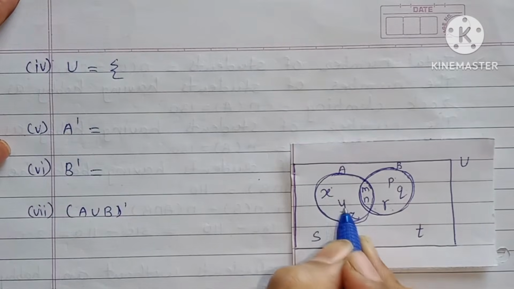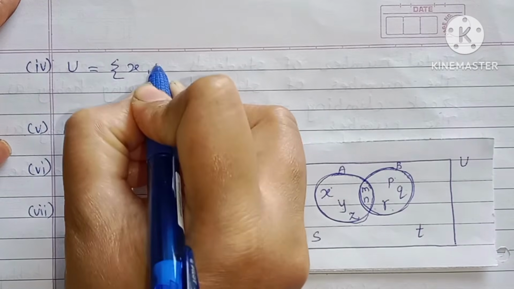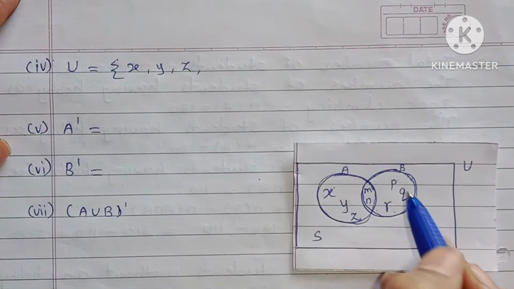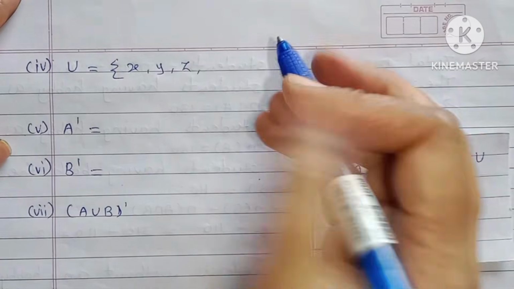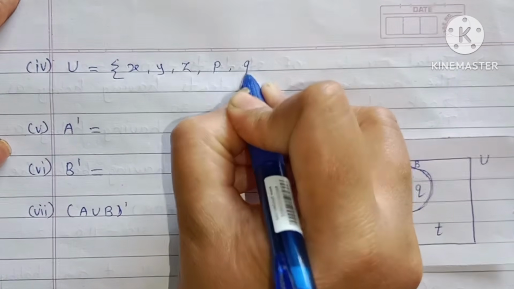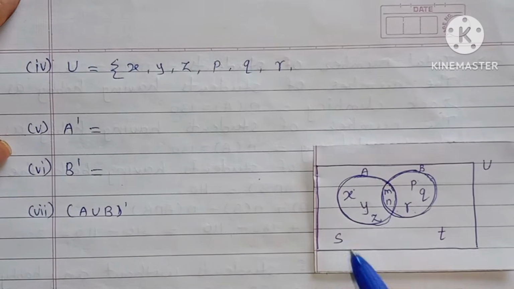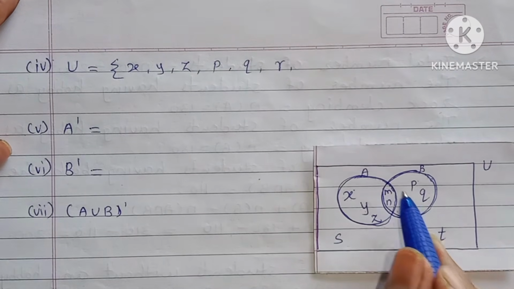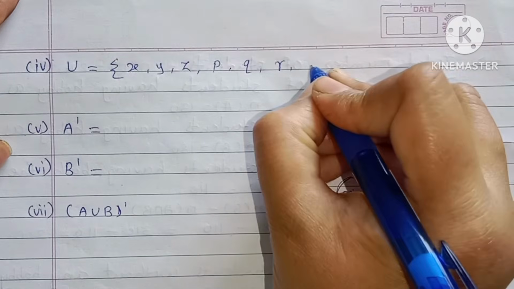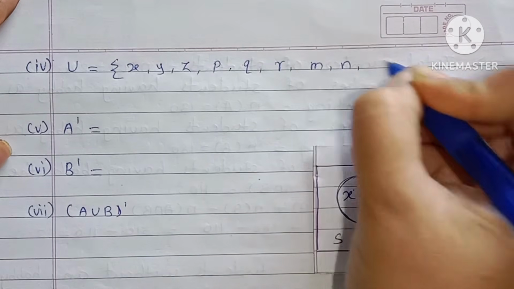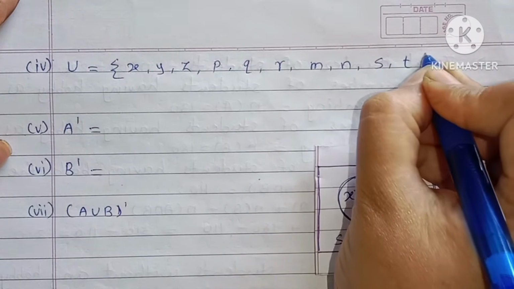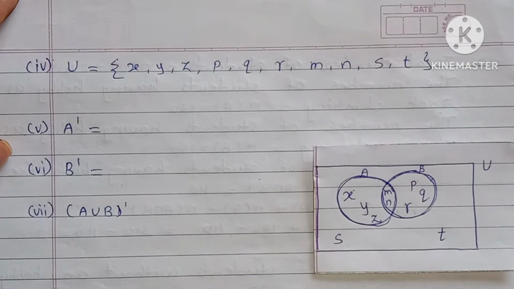First, X, Y, Z, P, Q, R, and these two elements, S, T, M, and N.